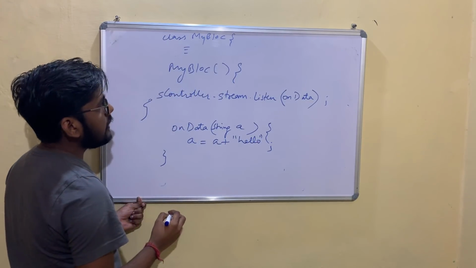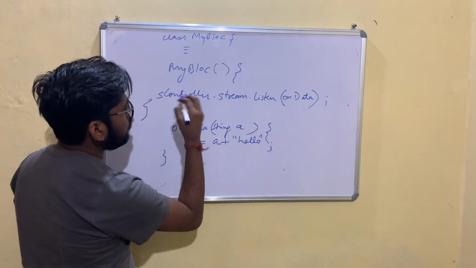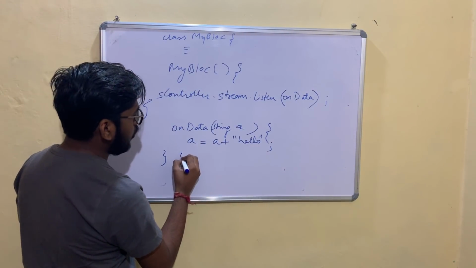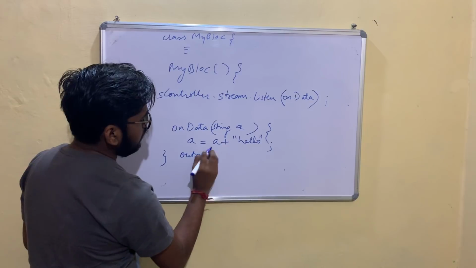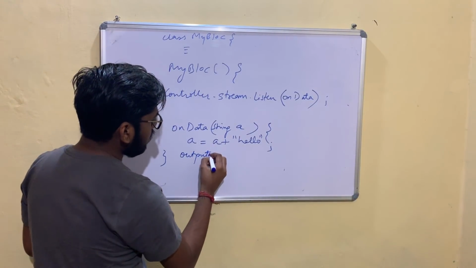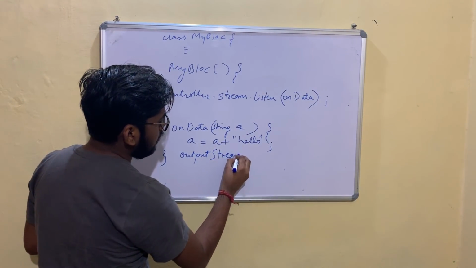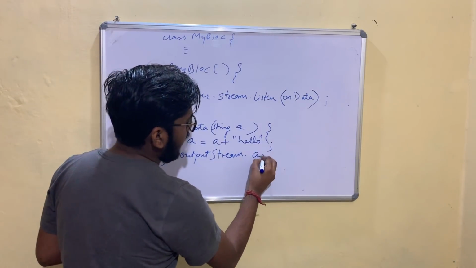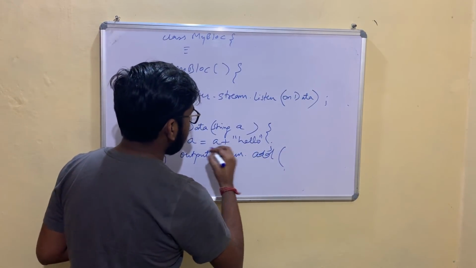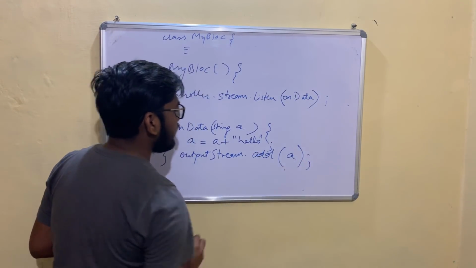Okay, and then I'll pass this data to my stream, which is the output stream, dot add, and this a, and that's done.